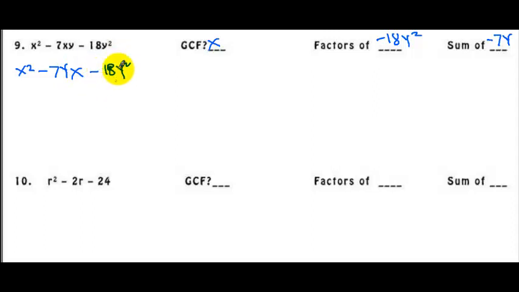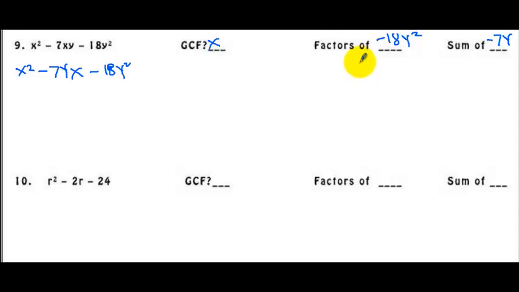Now since the last term is negative, the factors will be one positive and one negative. But the middle term is negative, so the factor that has a greater absolute value is the one that should be negative. Okay, so let's try to get the factors of negative 18y squared.